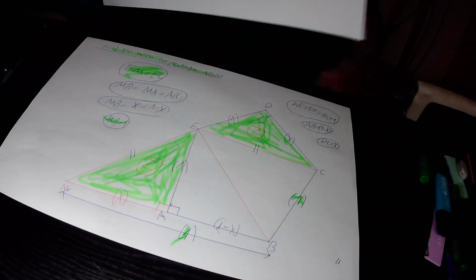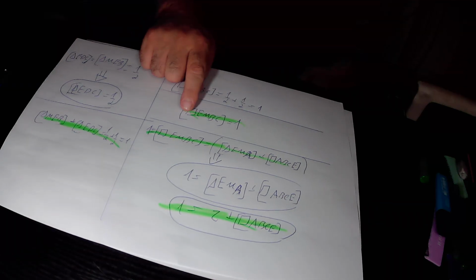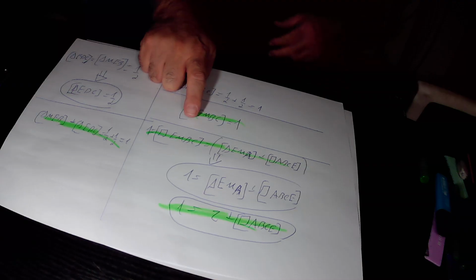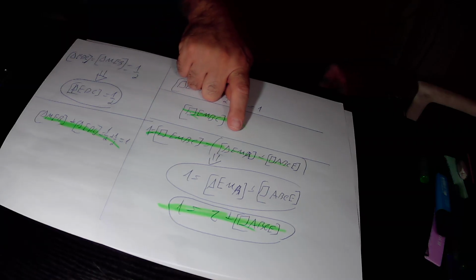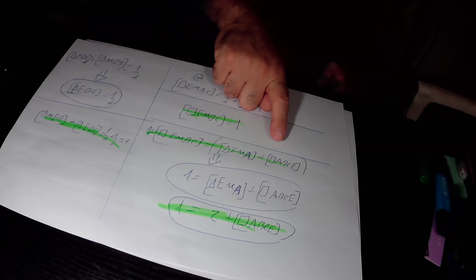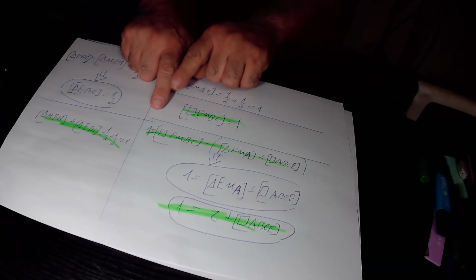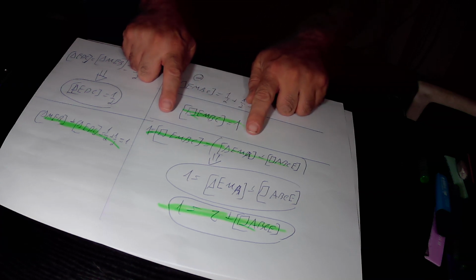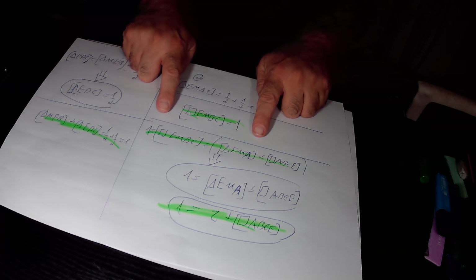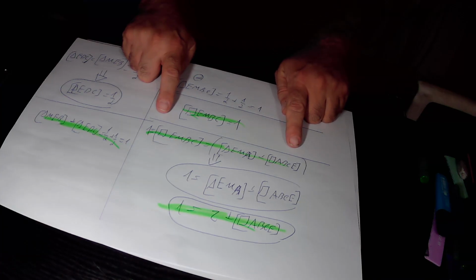And again, the area of the big quadrilateral EMBC must be equal to the sum of the areas of the two shapes that it consists of. That is to say, it must be equal to the area of the green triangle EMA plus the area of quadrilateral ABCE. From this equation, we derive that 1 equals the area of the green triangle EMA plus the area of quadrilateral ABCE.